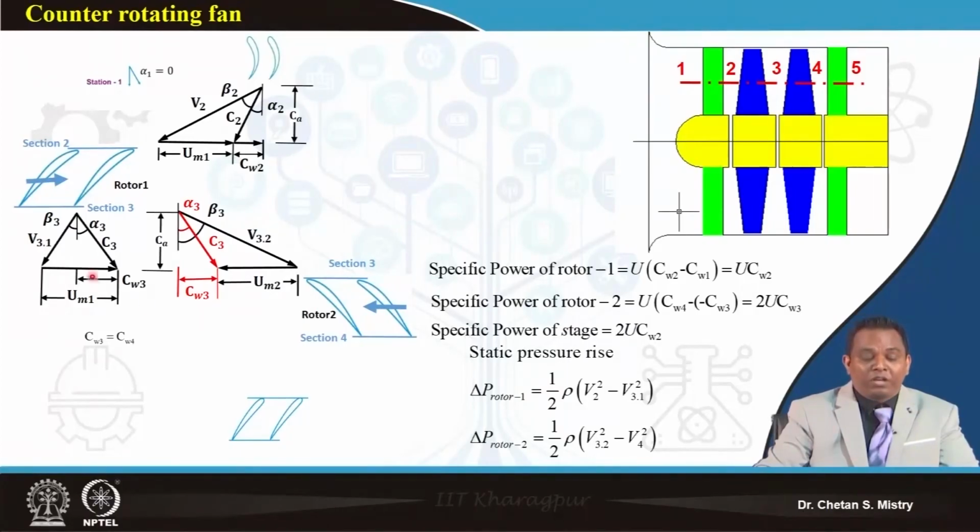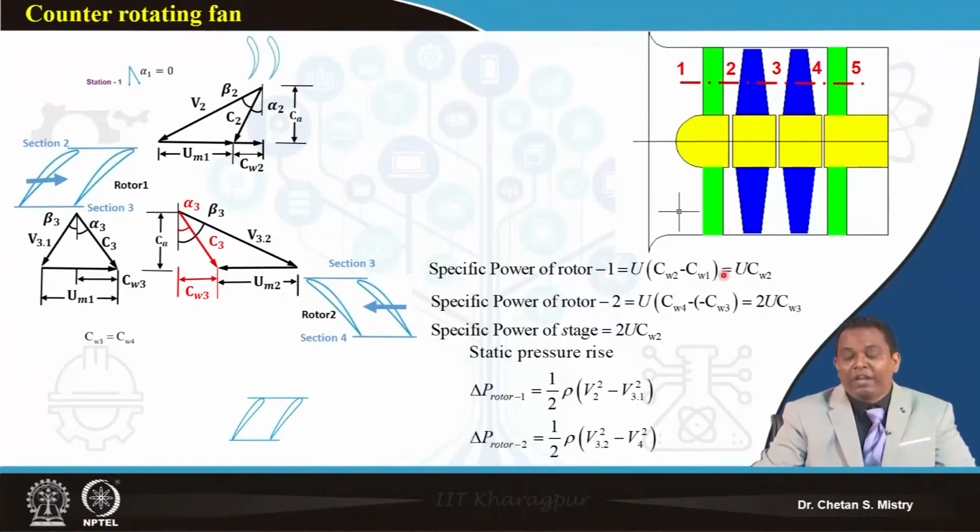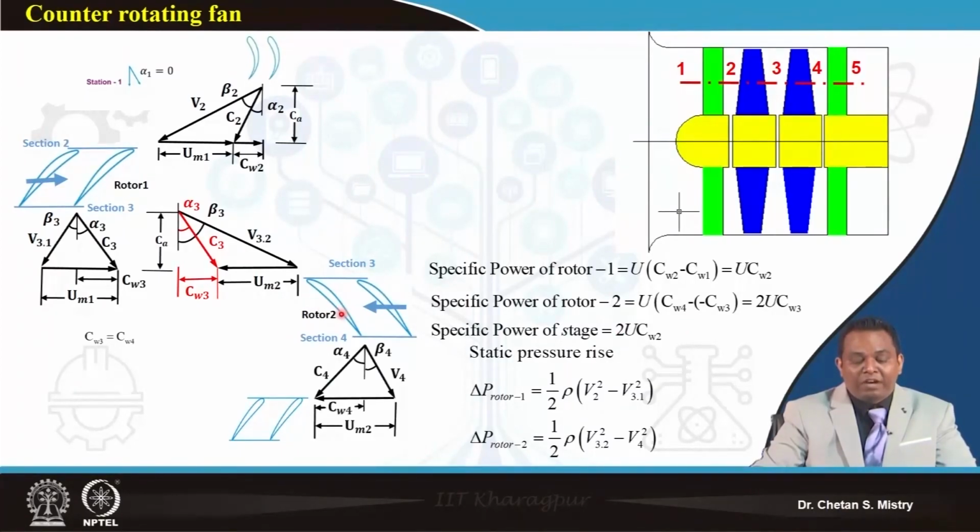Try to understand here: this represents the positive sign, and this represents the whirl component in the opposite direction. So, the specific power of rotor 1 is U times (CW2 minus CW1), and for rotor 2 it is given by U times (CW4, which is the exit configuration here, minus CW3).